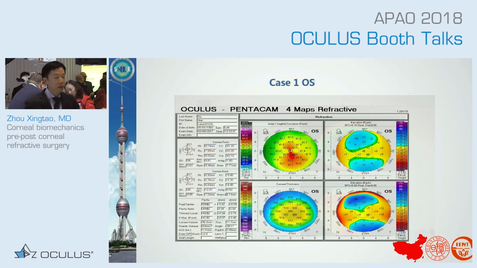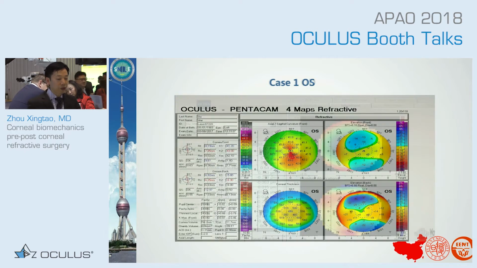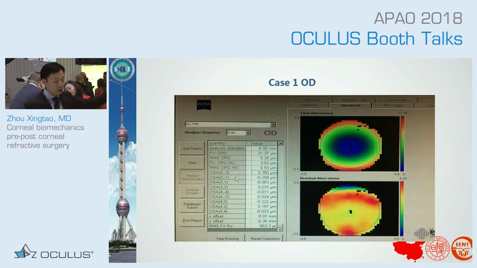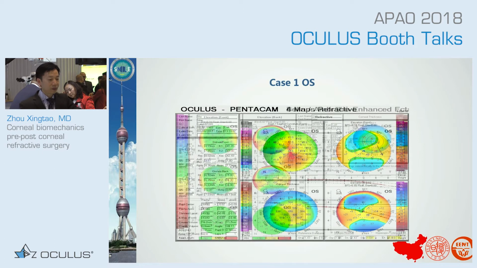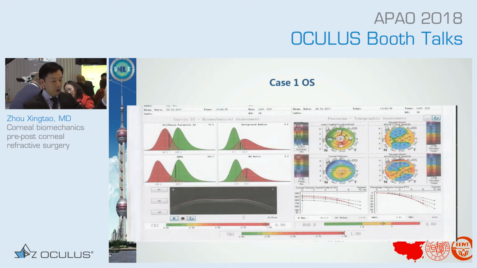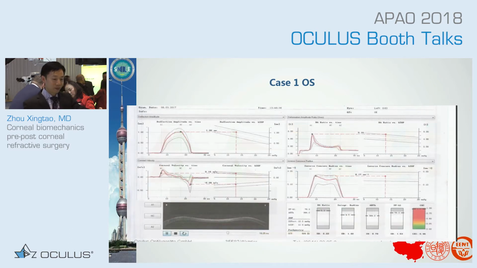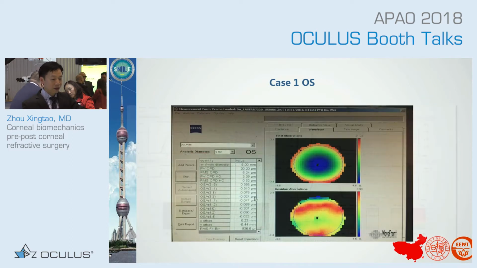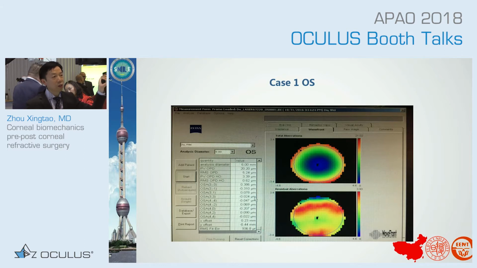Sometimes we also need to combine with wavefront, as this coma was a little bit higher than normal. This is another left eye. The corneal topography is normal, but combined with the TBI, it is abnormal. Also, when we detect with wavefront, we find the coma has increased a little bit.